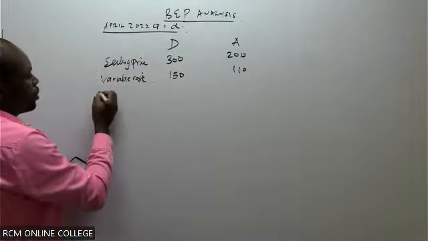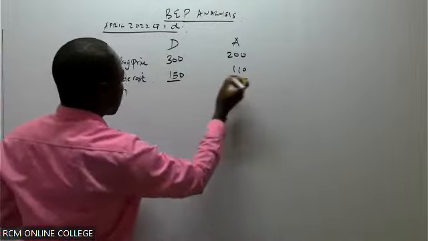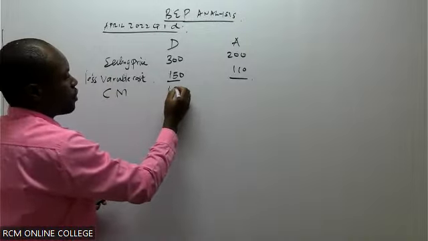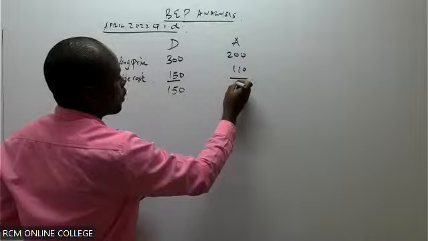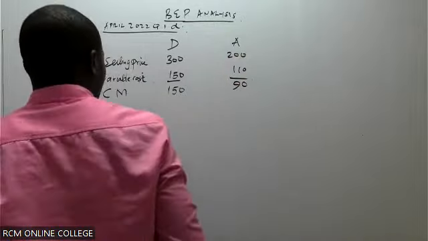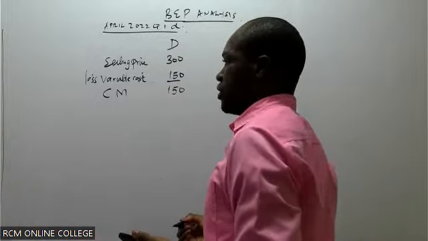Our contribution margin, of course, is selling price less variable cost, which gives contribution margin 150, and then 90. Good. So we are lacking something here for us to get the weighted average contribution margin.